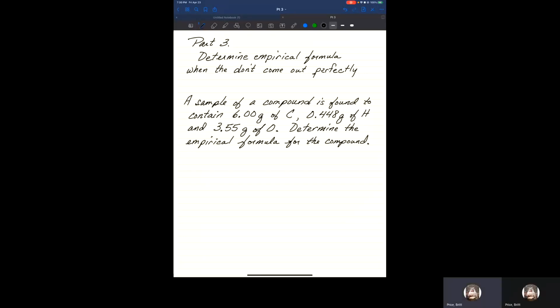Okay, so again, first thing, this time we actually already have our masses, so determine moles of each element.